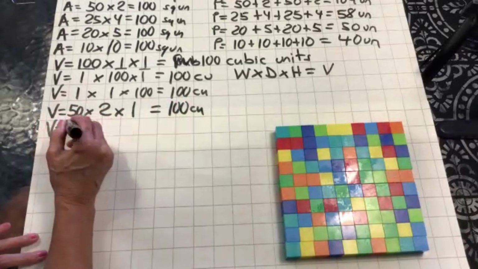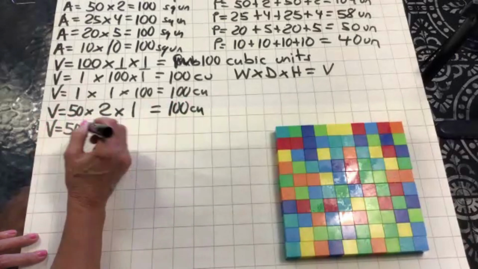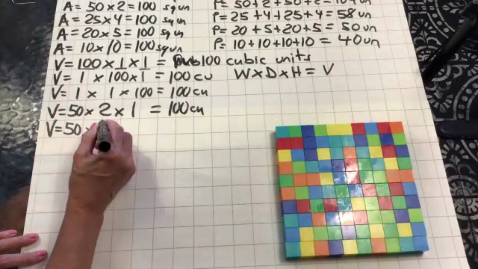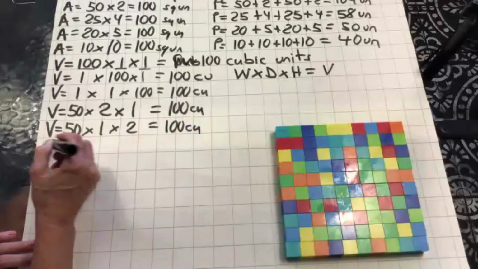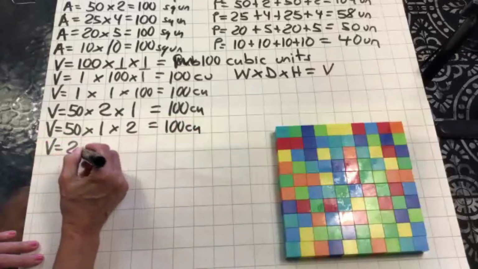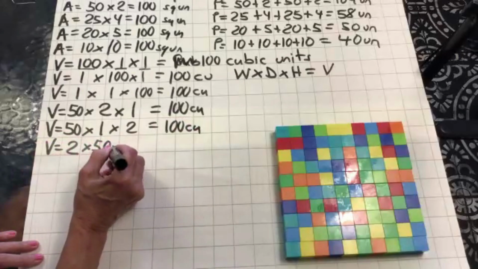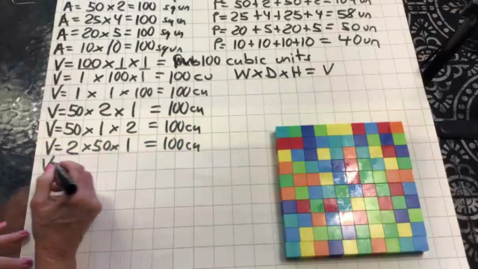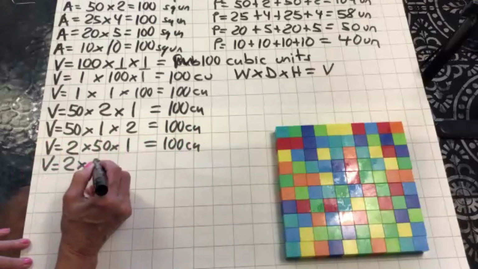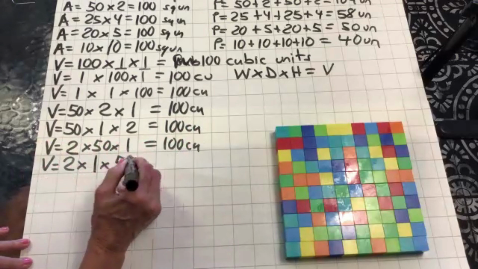All right. The next way to do that with the 50 first is to flip-flop these two. So it would be 50 wide by 1 deep by 2 tall. Then we're going to do 2 wide by 50 deep by 1 tall. Check them off as we go. 2 wide by 1 deep by 50 tall.